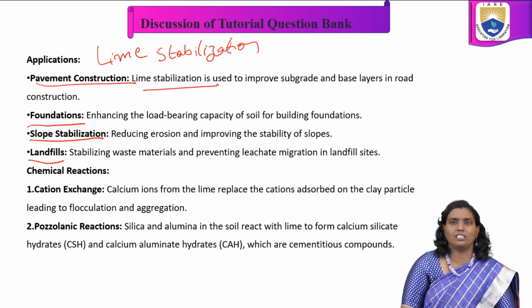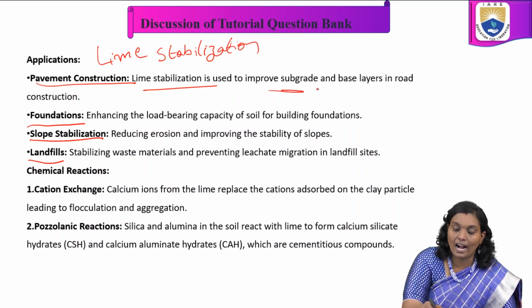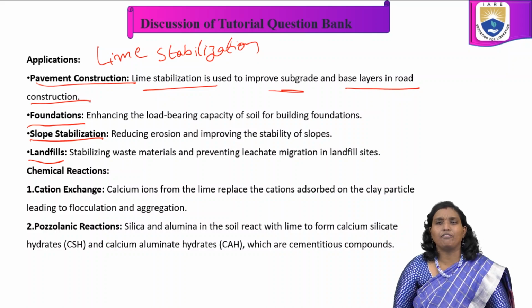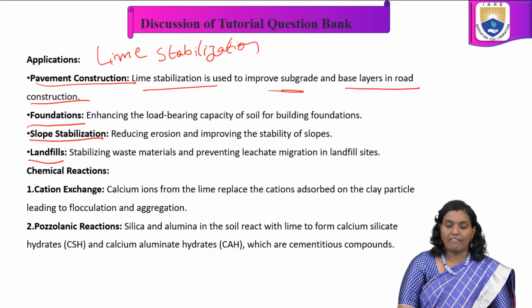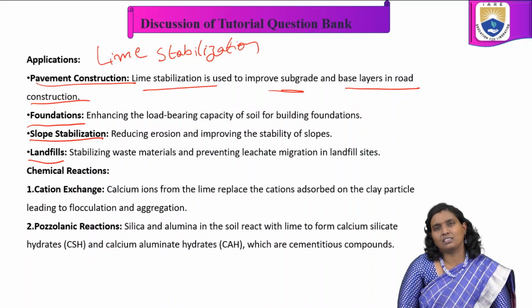Lime stabilization is used in pavement construction to improve subgrade and base layers in road construction. So as a part of road construction, whenever we require improved subgrade and base layers, we use this kind of lime stabilization.